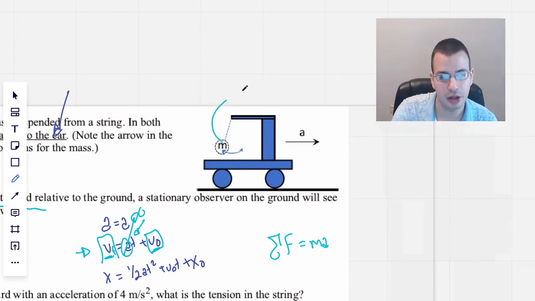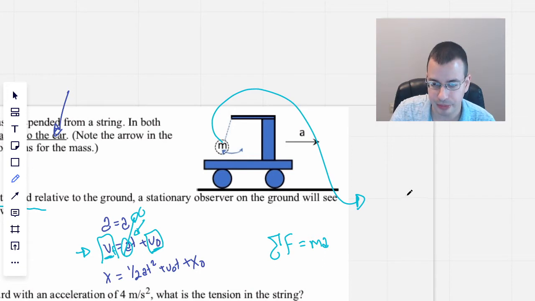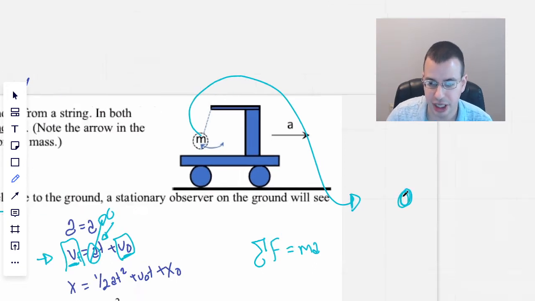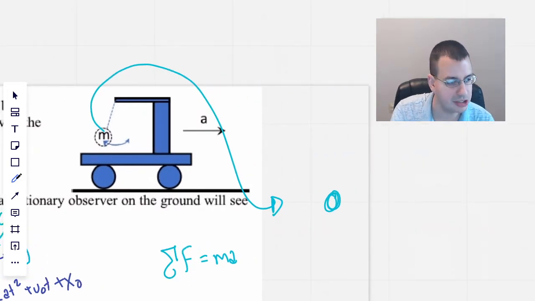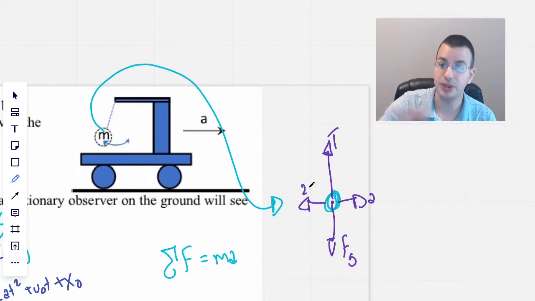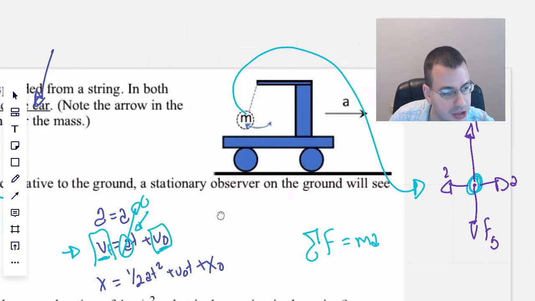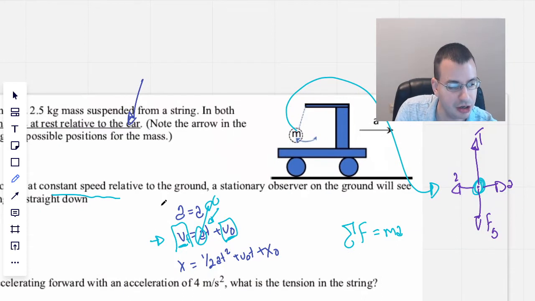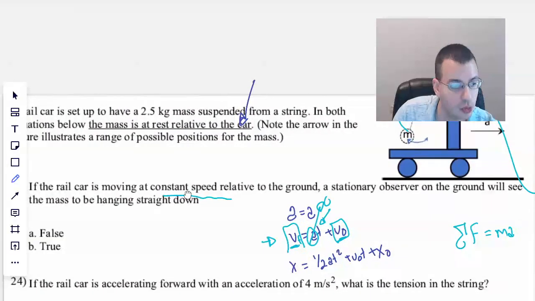If we draw a free body diagram, as is often desired, draw a mass like that, we're going to have force of gravity, and then we'll have tension of the string, but the acceleration to either side will be 0 because of what we discussed right here of the rail car moving at a constant speed.